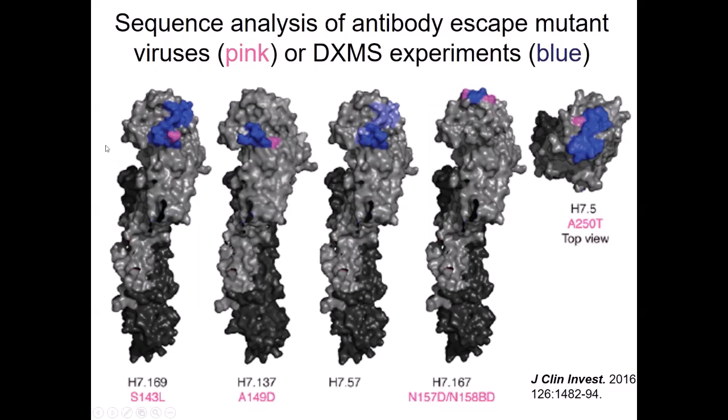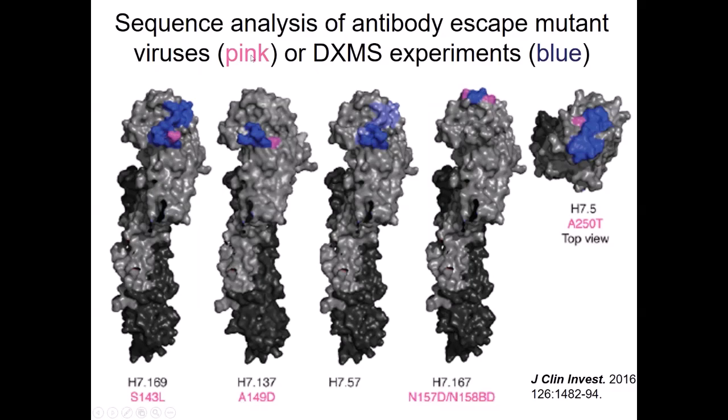These are data from a different type of experiment called hydrogen deuterium exchange mass spectrometry, in which you take HA, and in each case this is a representation of one protomer of the HA trimer, and you label that with deuterium in solution, and then you do mass spec.